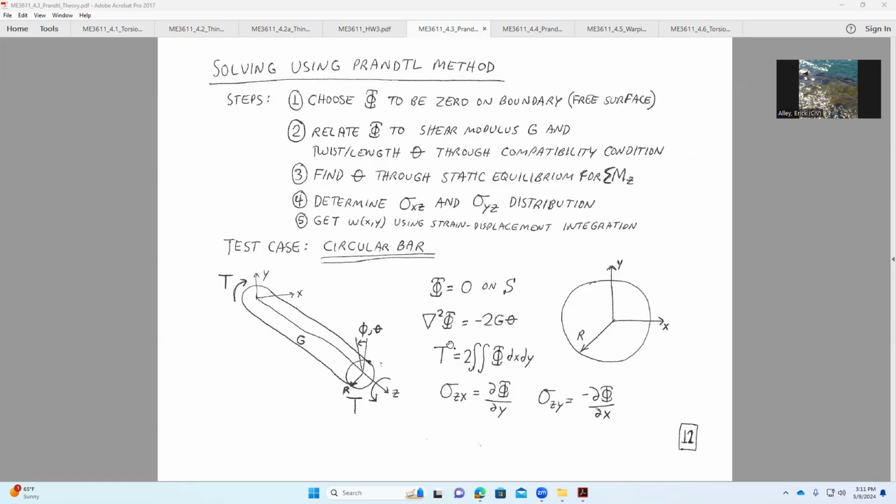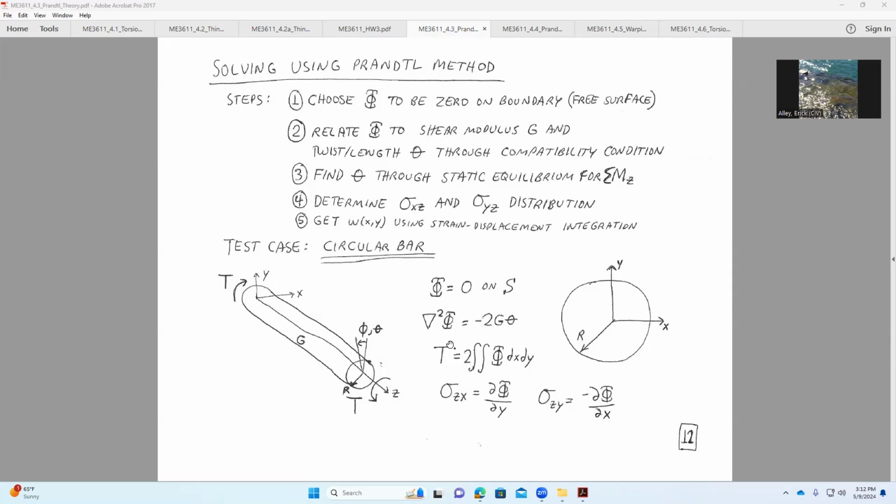So it just is d area. That's an important thing to remember about that one, the dx dy. If we want to go to polar coordinates or something like that, we can do it to make it simple. And then sigma zx is going to be our d Prandtl dy. And sigma zy is going to be our minus d Prandtl dx. I'm just going to write those down before I flip over to the other view.